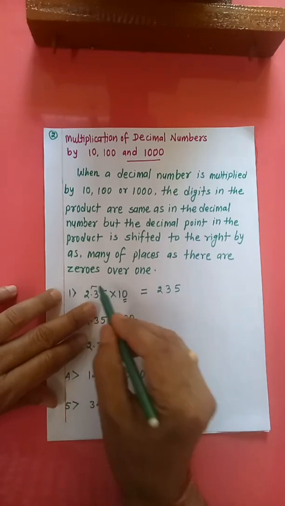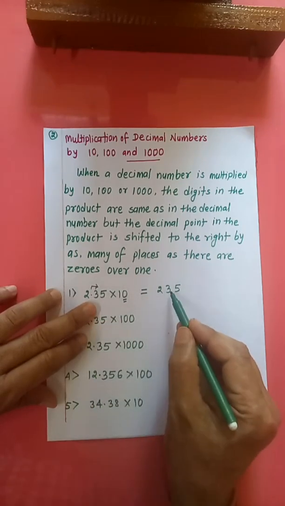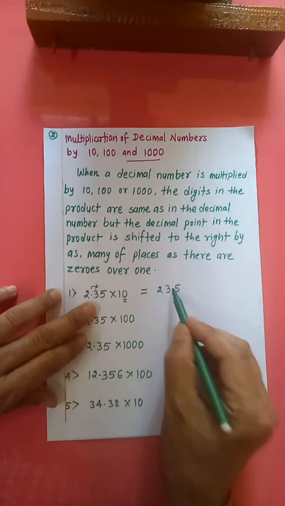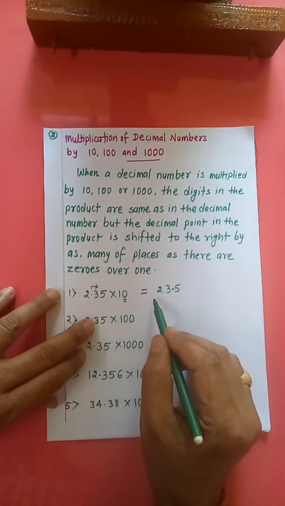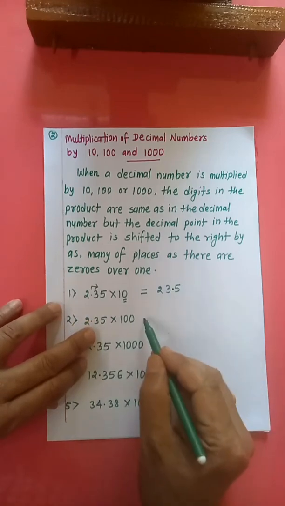So the decimal will be after 3. So 2.35 multiplied by 10 is equal to 23.5.